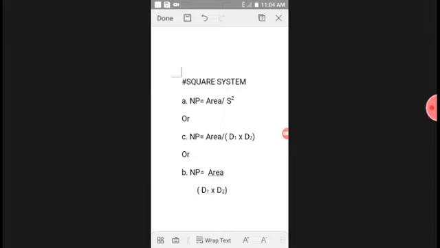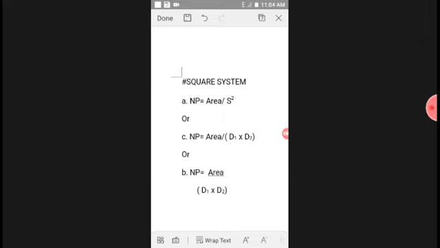So, this is the most common system or the simplest way to lay out. Dito naman, the mechanical operations are easily done. Dahil nga square method tayo, madali lang makapasok yung mga pang-harvesting materials natin, yung mga sasakyan, kasi diretso lang naman yung pathway.